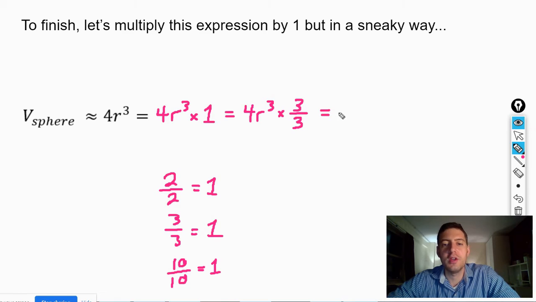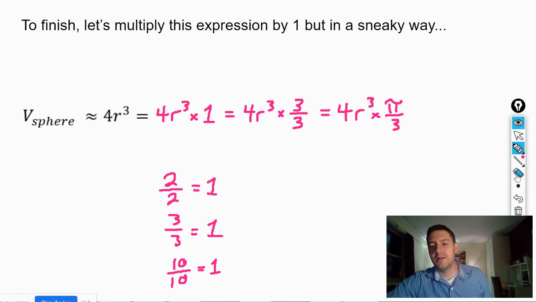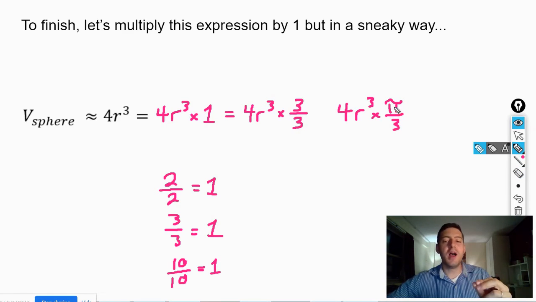Would you also agree that 3 over 3 is the same thing, so I'm putting the equal sign here, as pi over 3? Do you agree that 3 divided by 3 is the same thing as pi divided by 3? If you said yes, then you trust me way too much. The answer is no. Pi divided by 3 is not the same as 3 divided by 3, but pi is very close to 3.